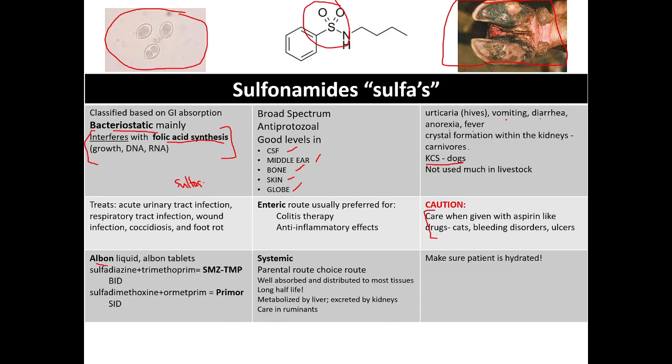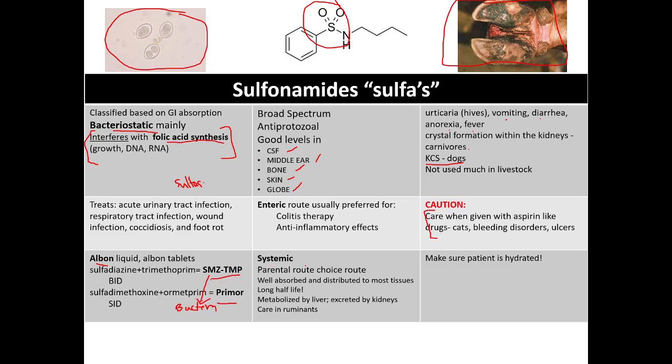Some formulations would be Albon, SMZ-TMP, which is very common to give in horses, and Primor. Bactrim, you may have heard of Bactrim used in people for urinary tract infections. And it's a pretty common early medication that we'll use, and that is SMZ-TMP.